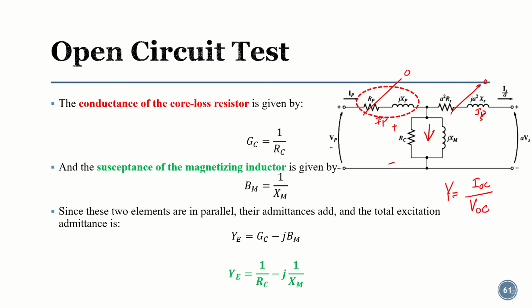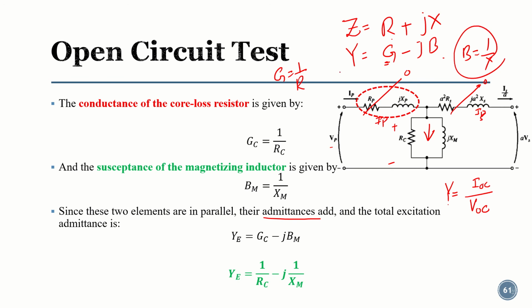Okay, and we know that the impedance is the resistance plus reactance, right? Similarly, admittance is conductance plus or minus, whatever you say, minus susceptance. Okay, so conductance is what? 1 over R, and susceptance is what? 1 over X. These are just two terminologies.